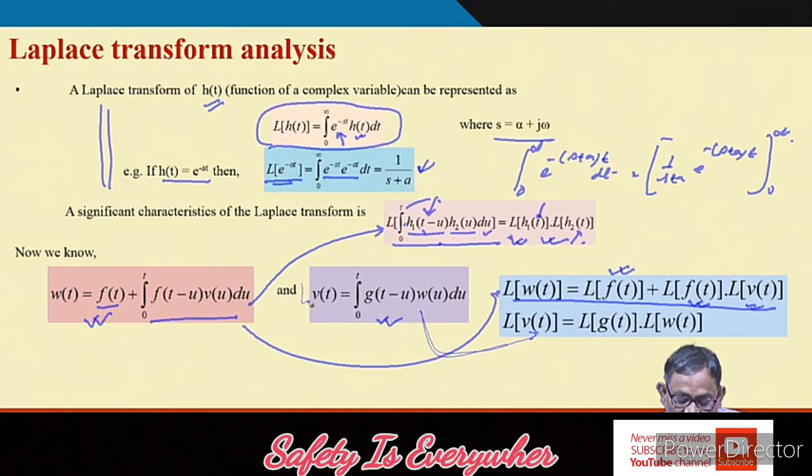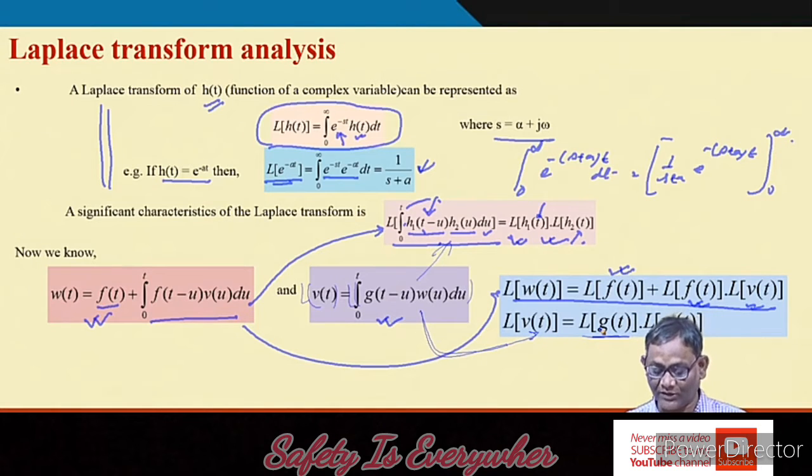Suppose I take the Laplace of this, then using this formula you can find that it will be the Laplace of gt times the Laplace of wt. So, this simplification helps us in computing our requirement, that is wt and vt here, and you see how it is possible.